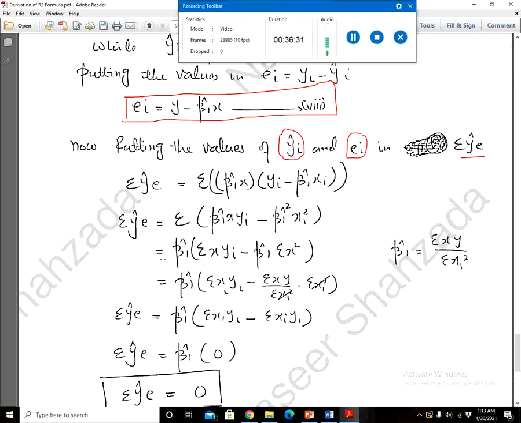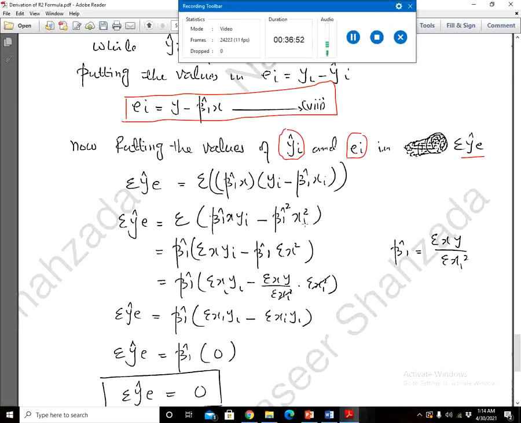Taking beta 1 common, it will become summation x yi minus beta 1, and beta 1 summation xi square.